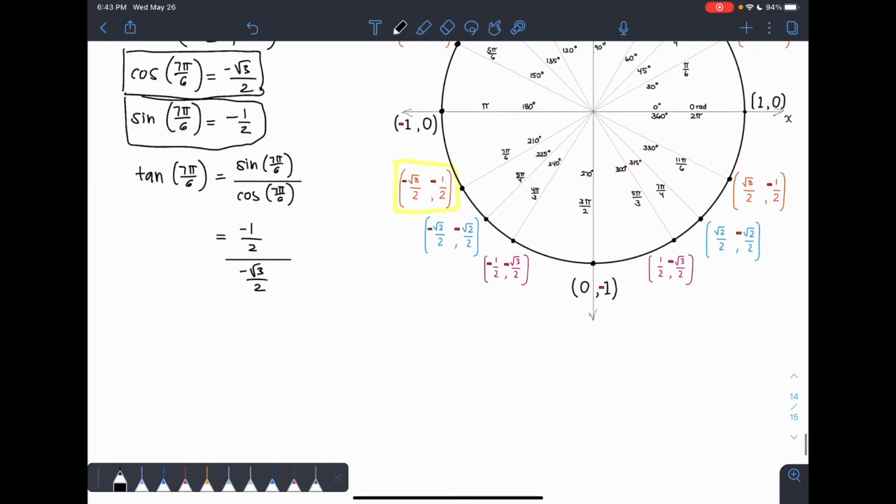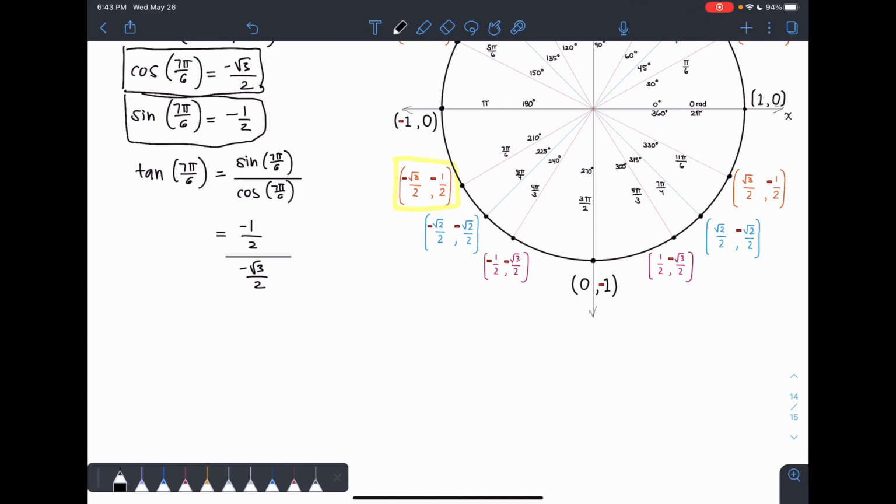Cool beans. Okay, so let's go ahead and multiply this out, right? We're going to take negative 1/2. And dividing by negative root 3 over 2 is the same thing as multiplying by its reciprocal.